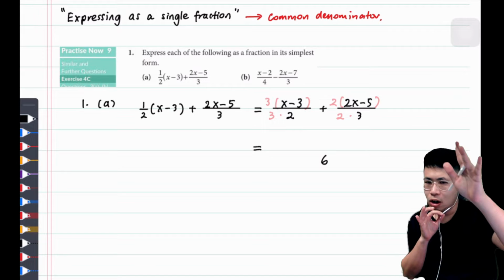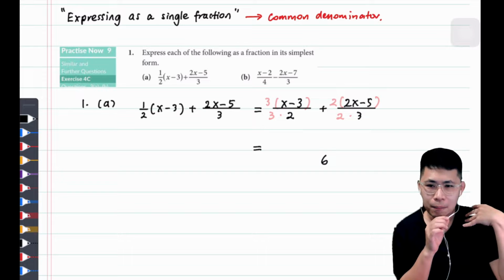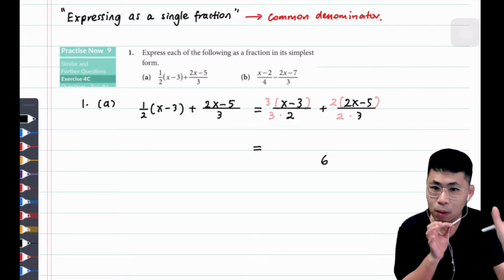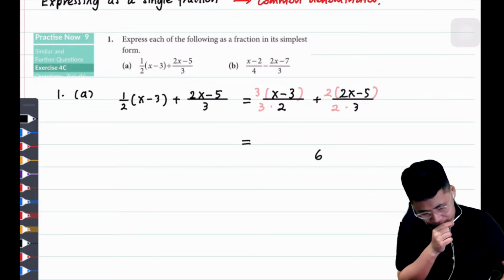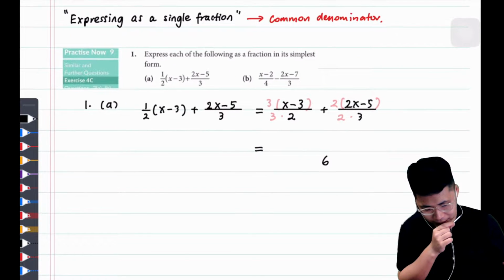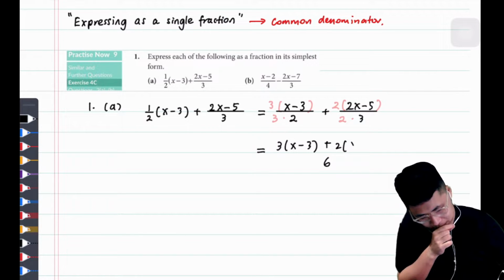Now at the top, I'm not going to expand first. I want to write it as one fraction first. Combine first before expansion. I'll tell you why later. So over here I'm going to get 3 times x minus 3 plus 2 times 2x minus 5.